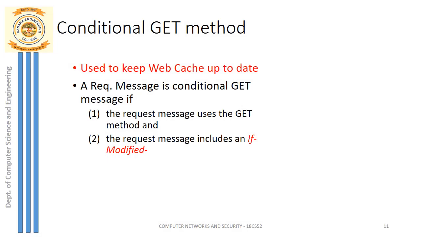Next concept is the conditional GET method. When we were discussing the HTTP request message, we discussed GET, POST, and DELETE methods. What is the purpose of the conditional GET method? The use of the conditional GET method is to keep the web cache up to date.